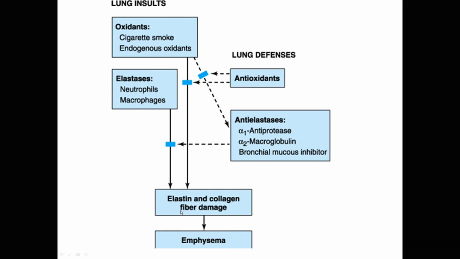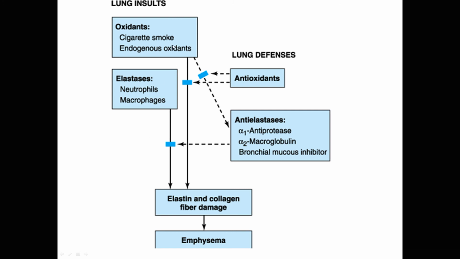How is this destruction activated? As already noted, the oxidants in the cigarette smoke will directly damage the elastin and collagen fibers, and also the elastases released by neutrophils and macrophages during the inflammatory response will damage the elastin and collagen fibers.